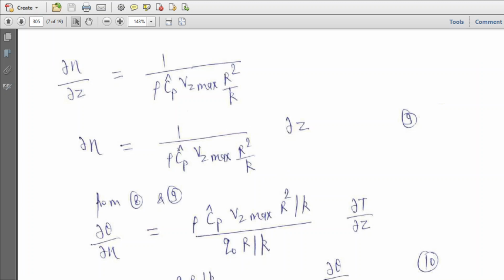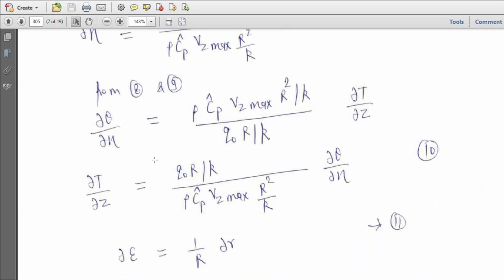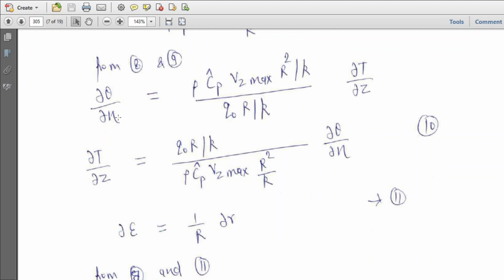Now from equations 8 and 9 we can write that del theta upon del eta will be equal to rho Cp Vz max R square upon K, times Q naught R upon K, multiplied by del T upon del Z. We can rearrange this so that del T upon del Z equals Q naught R upon K, times rho Cp Vz max R square upon K, del theta upon del eta. This is equation number 10.